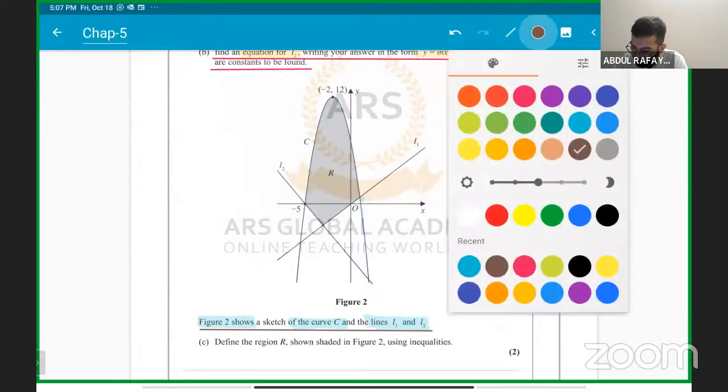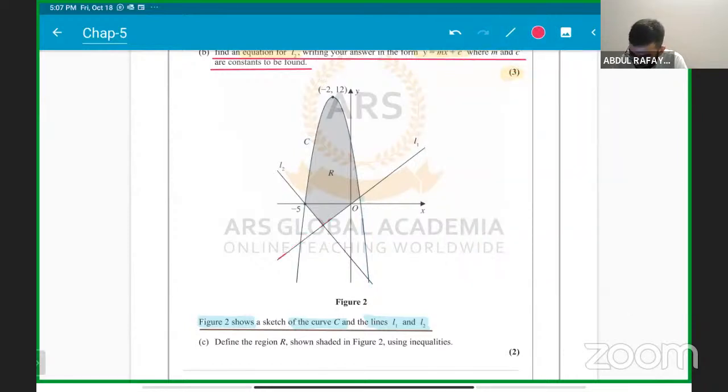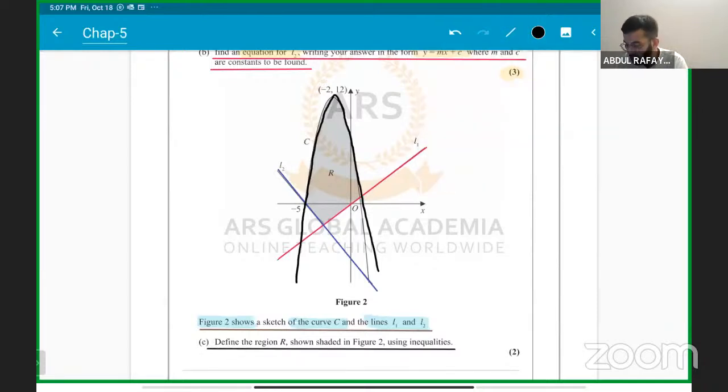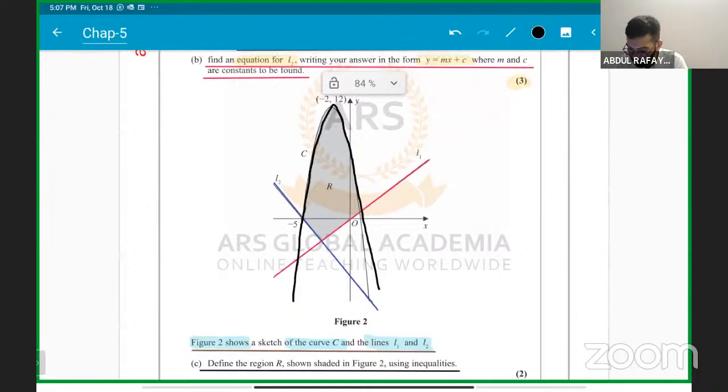Then we have the line L1, so there is no need to draw anything. Line L1, line L2, and we have the curve as well. Let's make the curve with the black color. And we have to define the region R shown shaded in figure 2 using inequalities. So let's work it out.